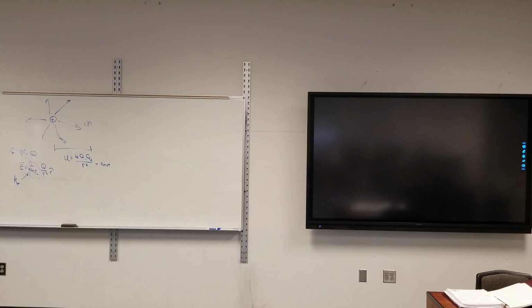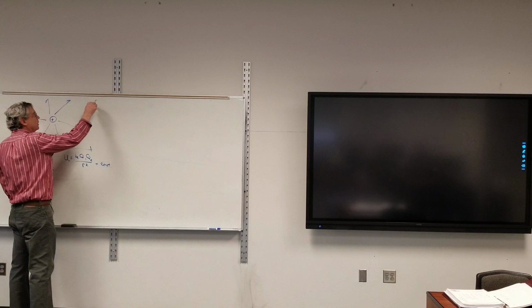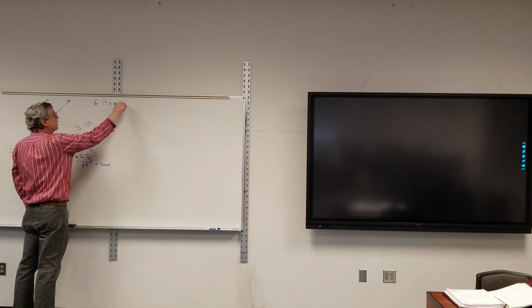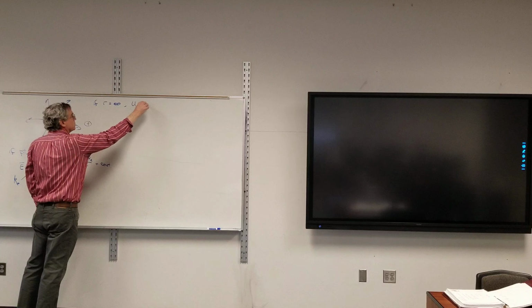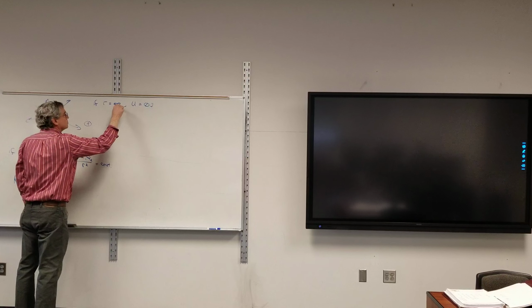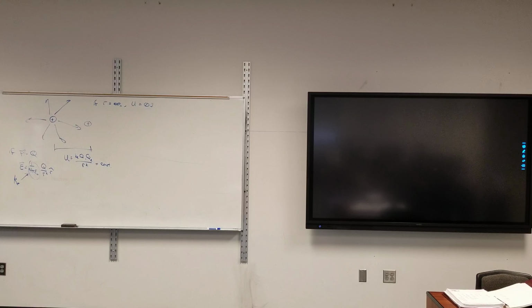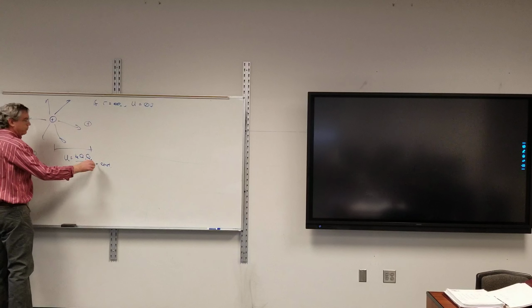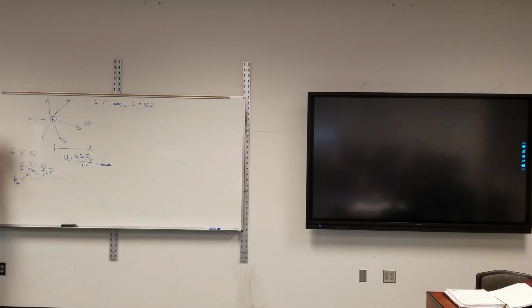For the sake of this, let's assume if R equals infinity, U equals 0. In which case that means as R is infinitely large, U goes to 0, and therefore that constant is 0.